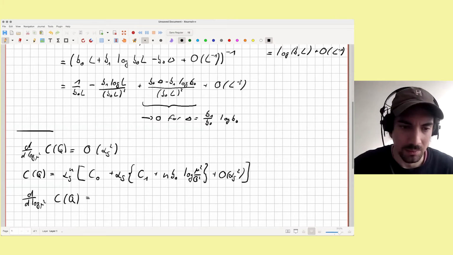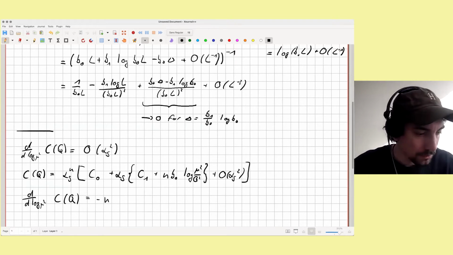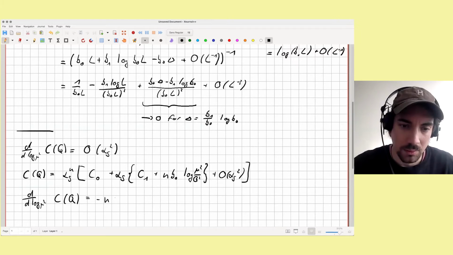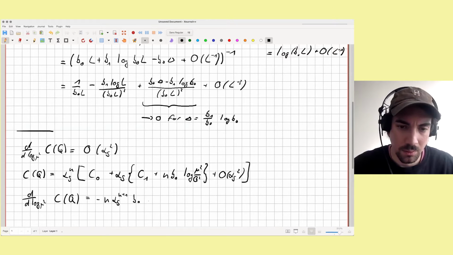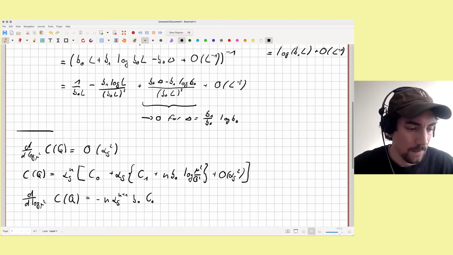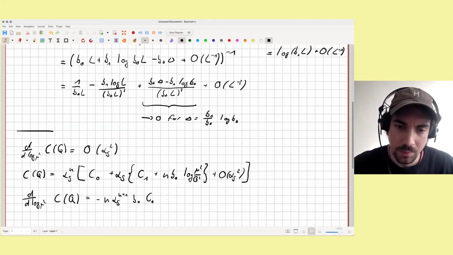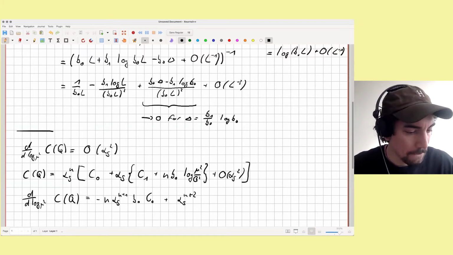So this is minus n naught plus these higher order terms here.